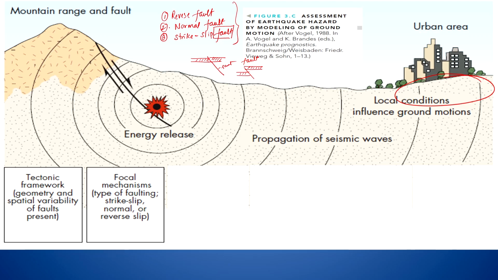So faulting is very important for us, and then what type of mechanism, because these three faulting patterns are seen in different ways. The reverse fault is mostly seen in a compressional tectonic environment, where two plates are colliding or there is compression.